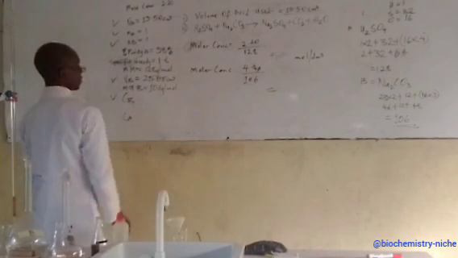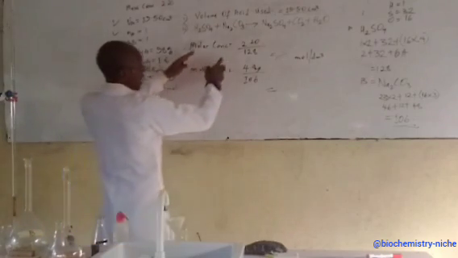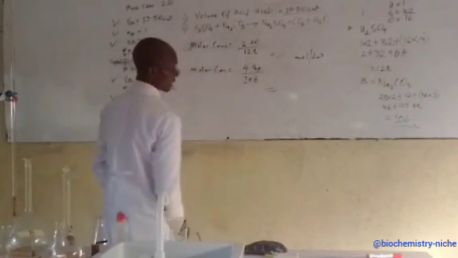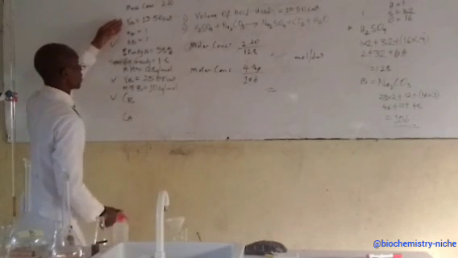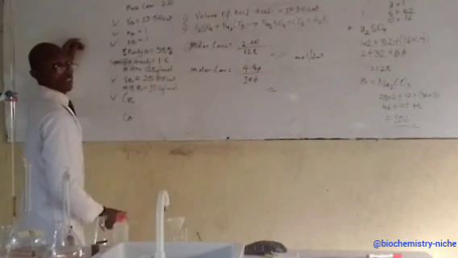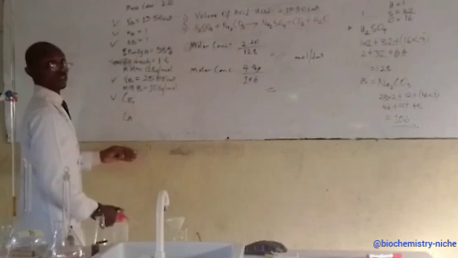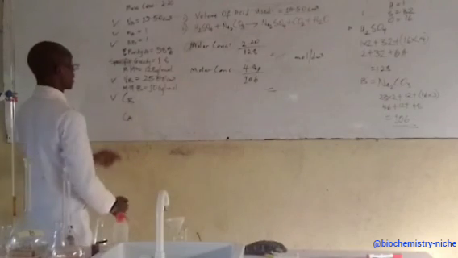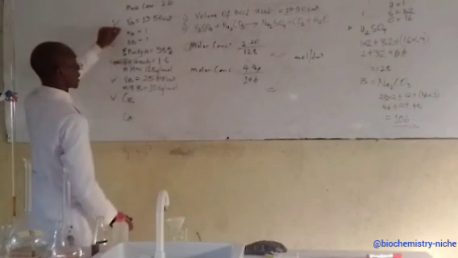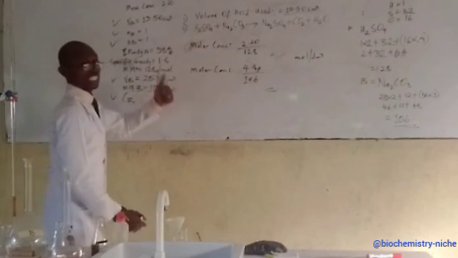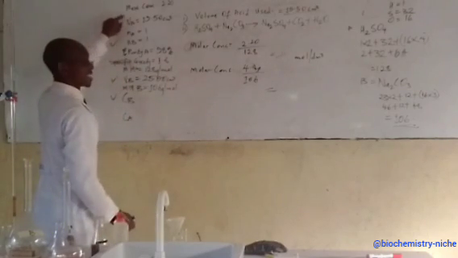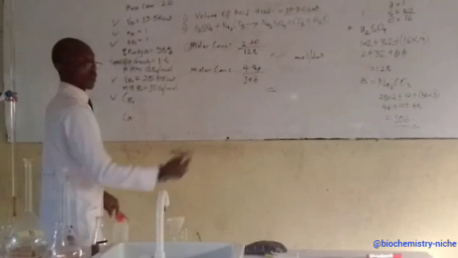That is, if we do not have some of these values that we're trying to get, we're given just this. We have the volume of acid from our titration, we have the volume of base from the content of the pipette, then from the reaction we're able to get our NA, NB, and the question has only given us either CA or CB, and we're told to find the other one.